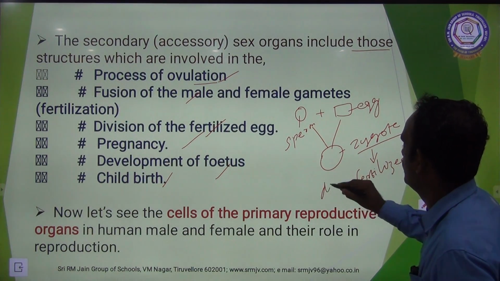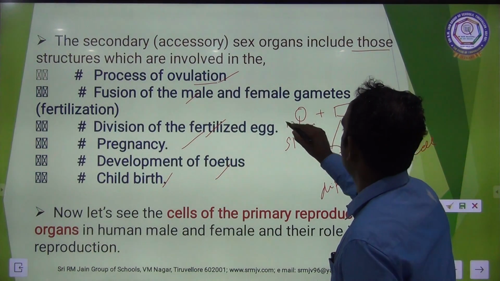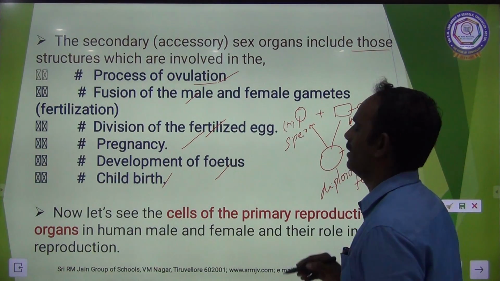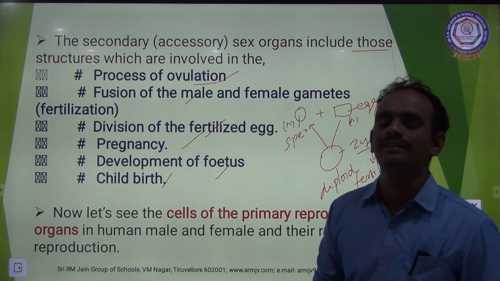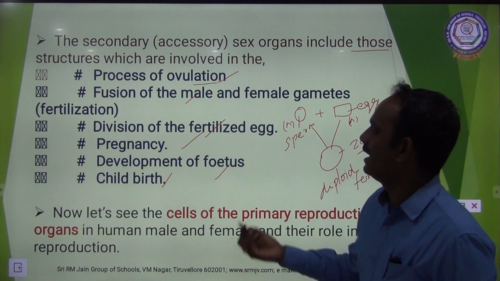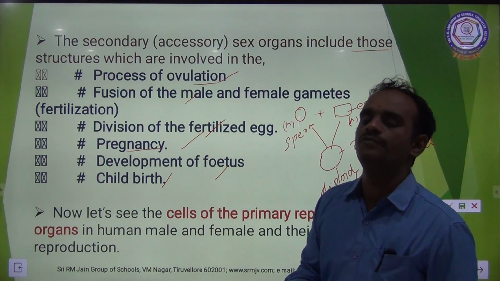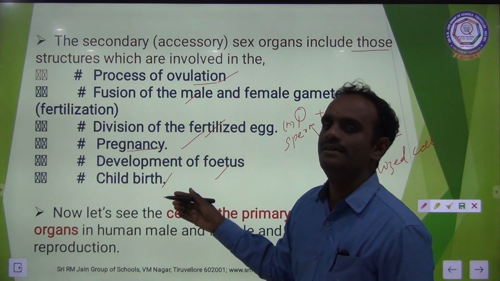The fertilized cell is diploid. The haploid gamete N and the egg also haploid N fuse together to form a diploid cell, a zygote. After that pregnancy takes place, then development of the fetus and finally childbirth.